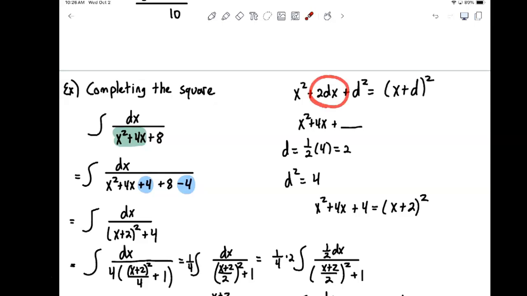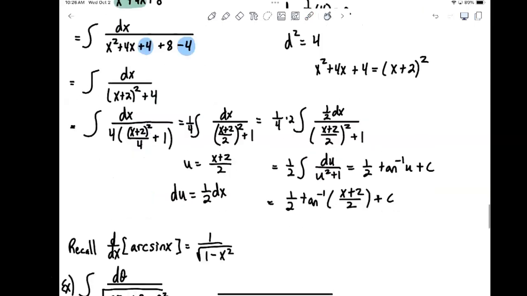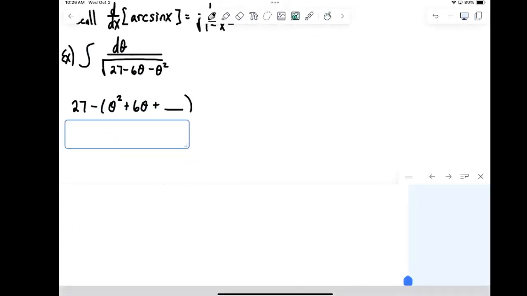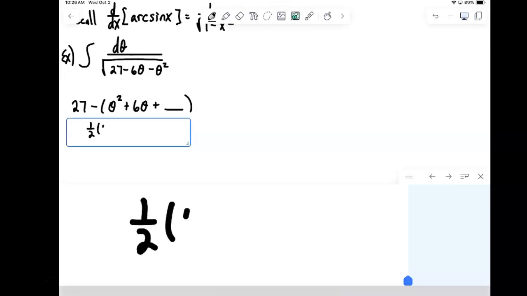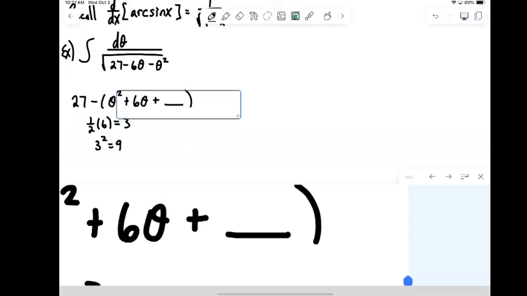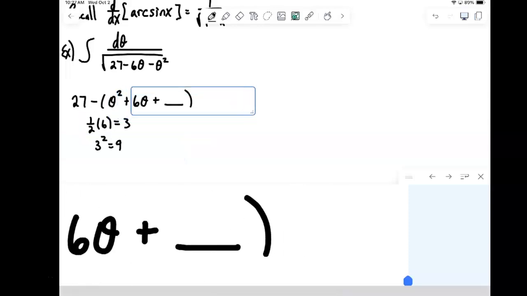So we always end up taking half of that number. So we take half of 6. Half of 6 is 3, and then we square 3. So that's what we need to add right here to complete the square.